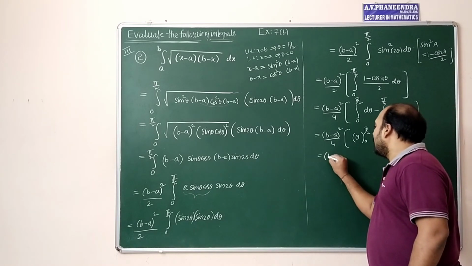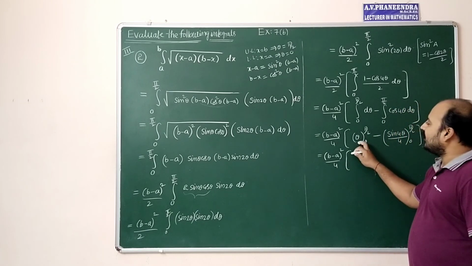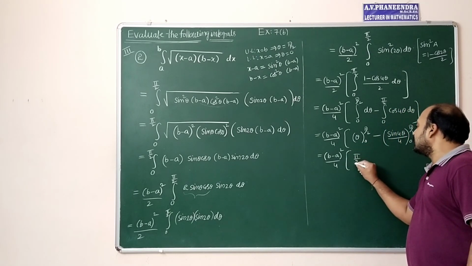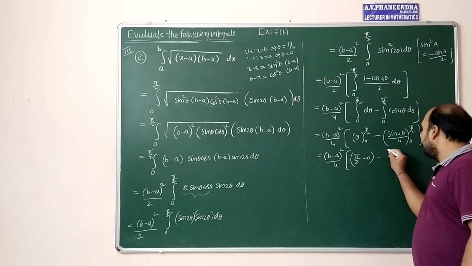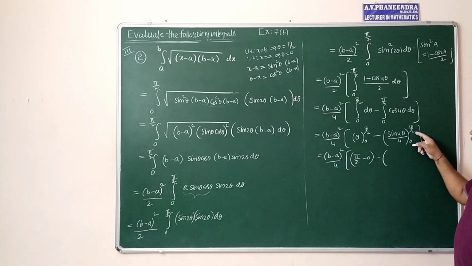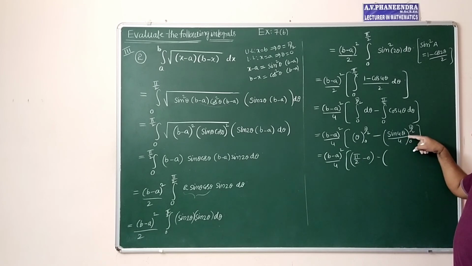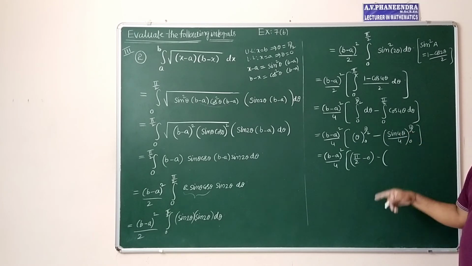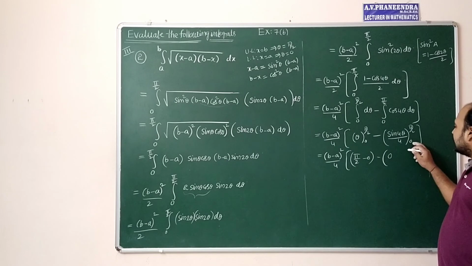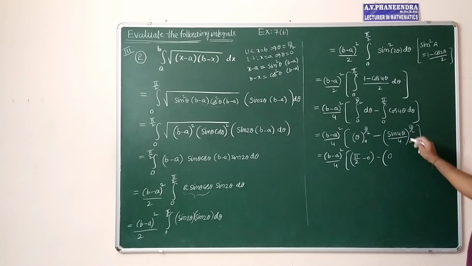So b minus a whole square by 4. First upper limit minus lower limit: pi by 2 minus 0, minus in place of theta, pi by 2 if we substitute, sin 2 pi will come, 4 into pi by 2, 2 ones are 2, 2 twos are 2 pi. Sin 2 pi is what? 0. When theta equals 0 we substitute, sin 0 is also 0.